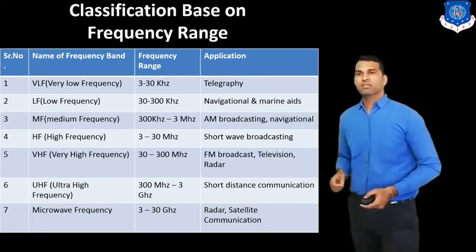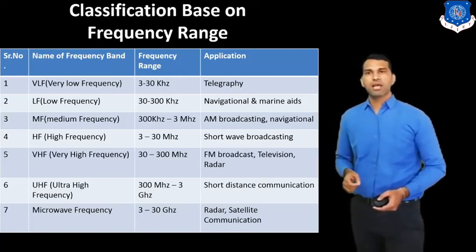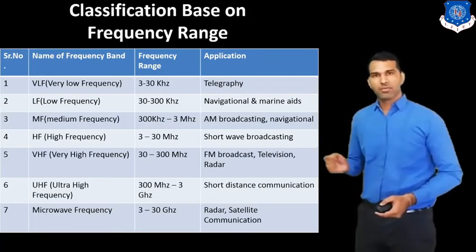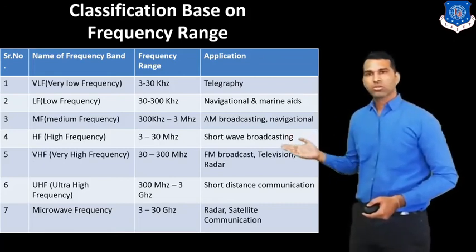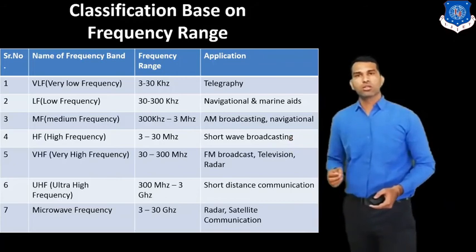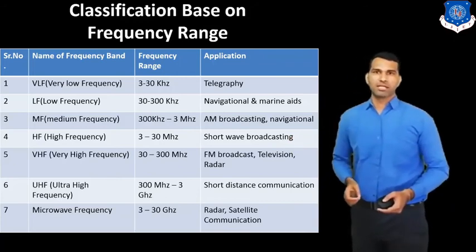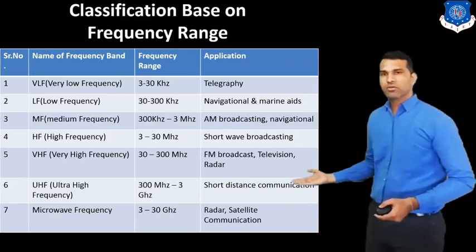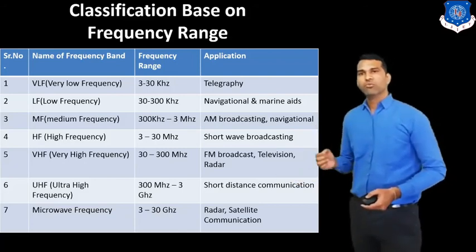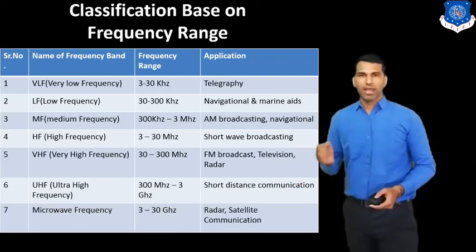Now next one is the HF, that is the high frequency range, 3 to 30 megahertz, used for short wave broadcasting.